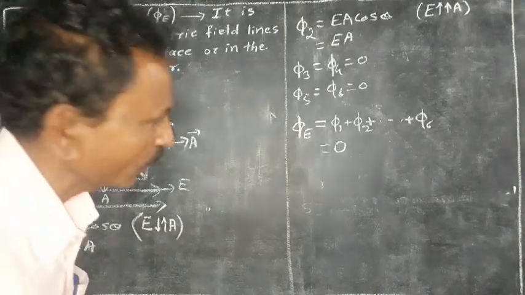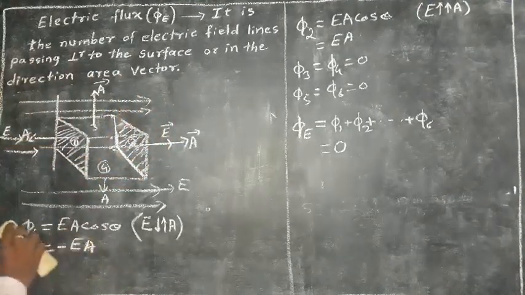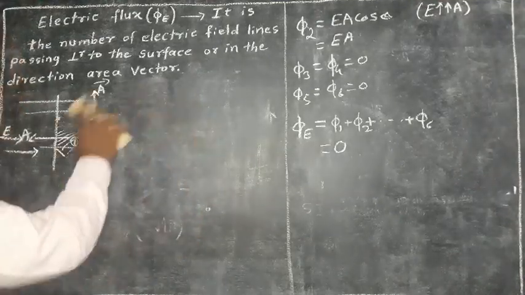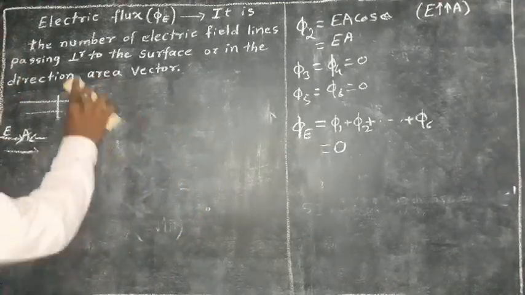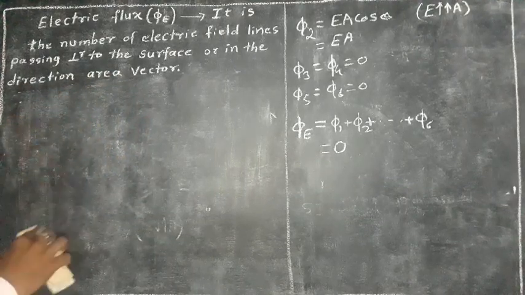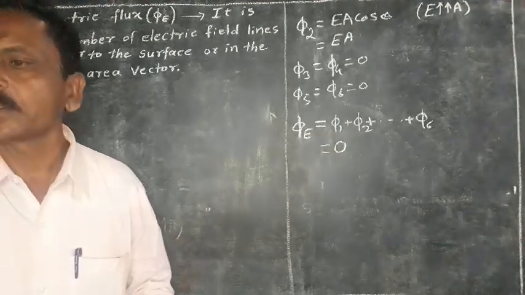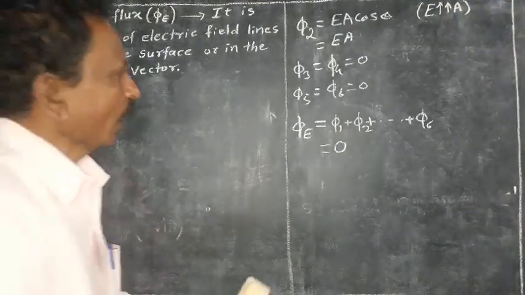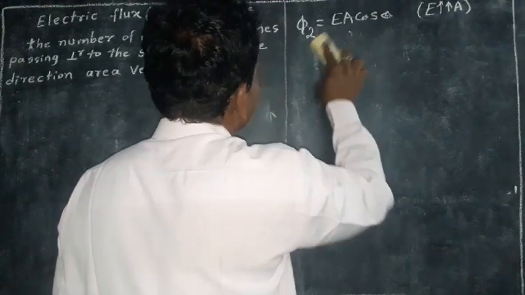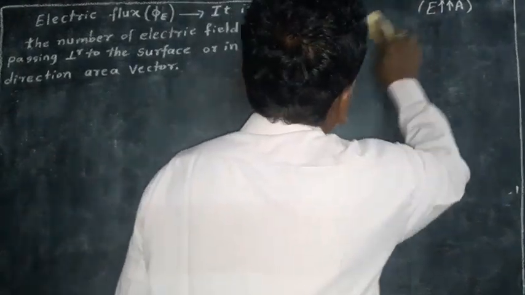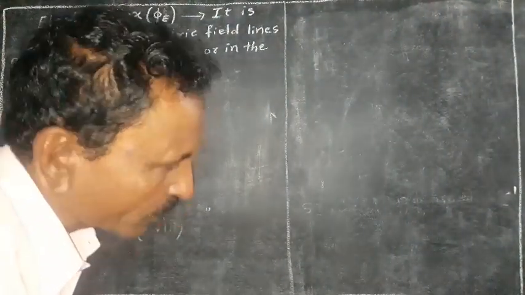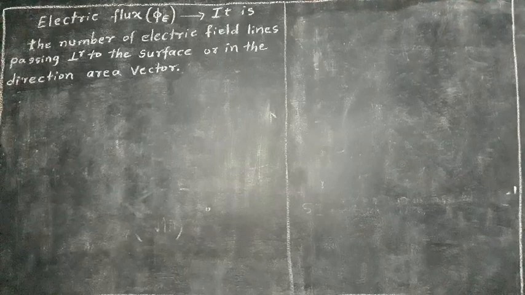Flux is 0 for closed surfaces if the intensity of the electric field is uniform and there is no charge enclosed by that surface. And Gauss considered a closed surface enclosing a positive charge at its center.